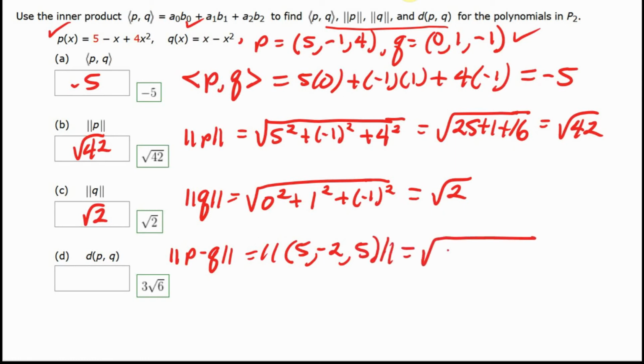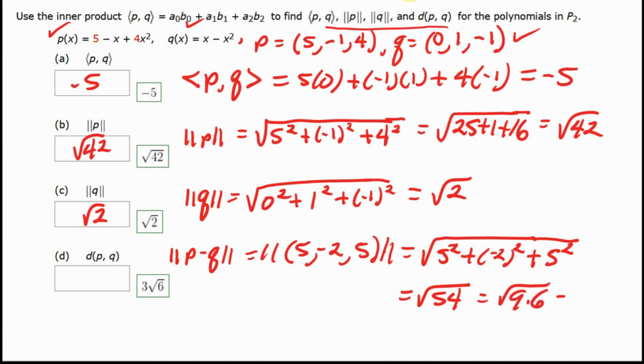So it gives us the square root of 5 squared plus negative 2 squared plus 5 squared. So we get 25 and 25 is 50 plus 4. We get the square root of 54. And so that's the square root of 9 times 6. So we get 3 times the square root of 6.